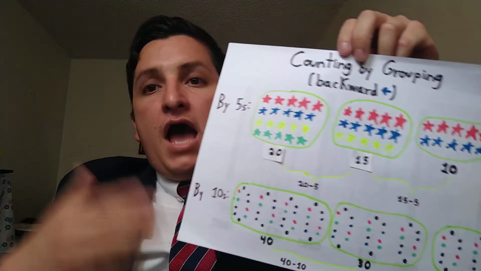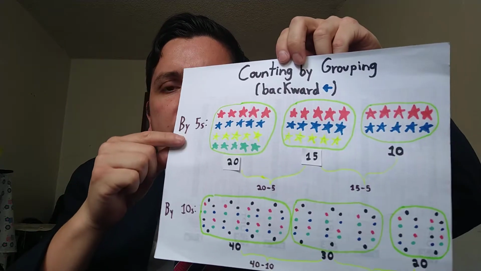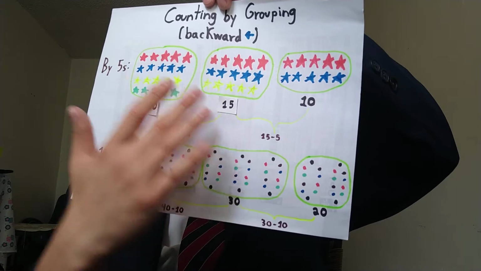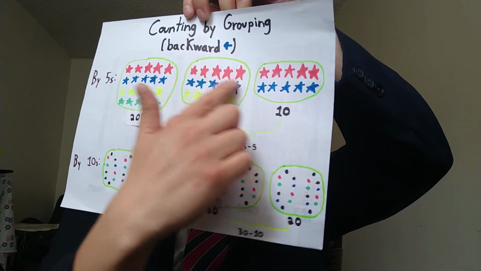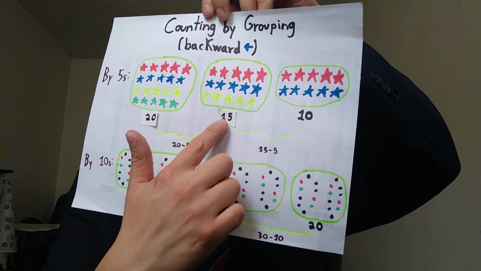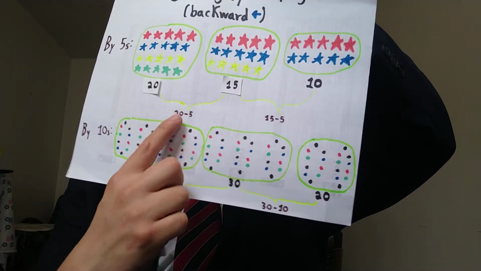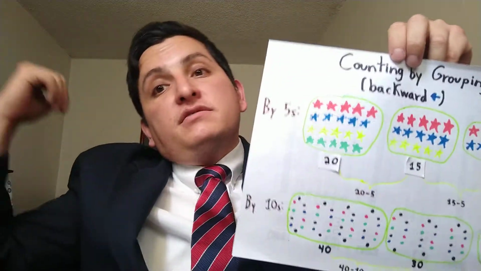Okay? And as we are counting backward, we must get a smaller number by fives. So we must go back five numbers. Let's check. 5, 10, 15. The same number that we have here, 15. What does this mean? It's the representation of the operation 20 minus 5, which is the same as counting backward.